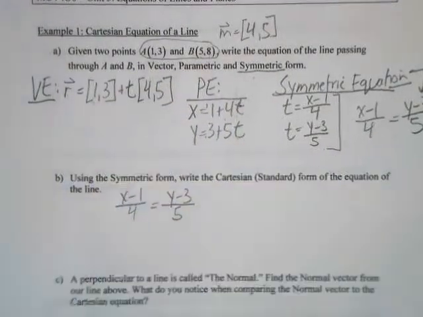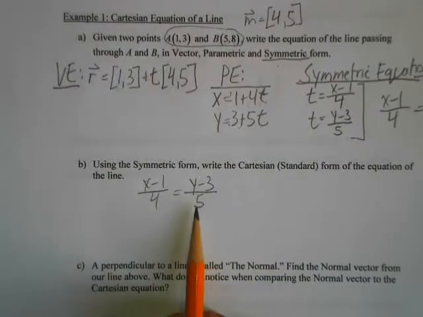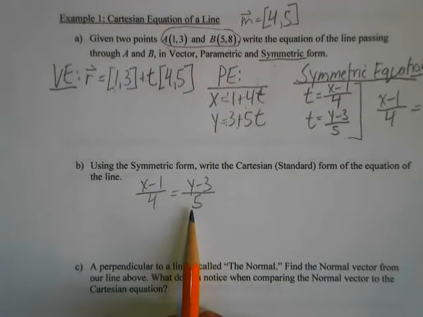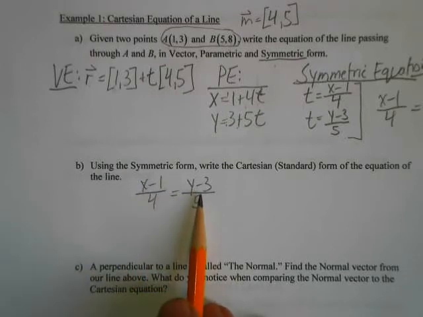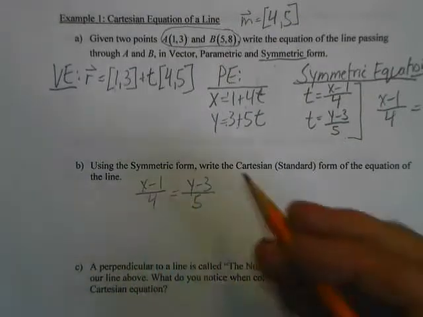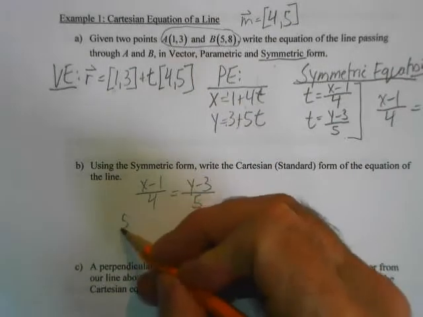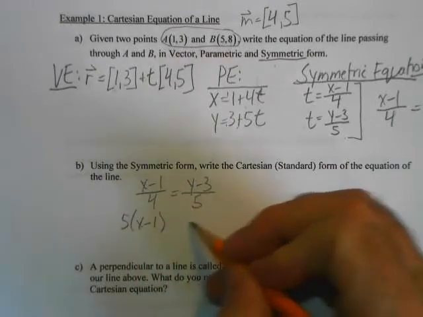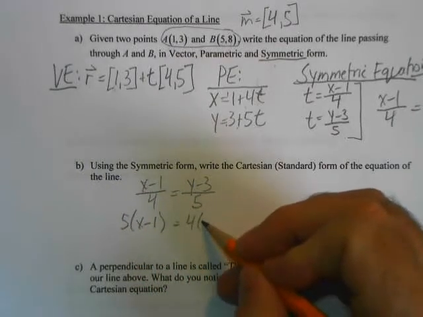And now I'm going to write this in the form ax plus by plus c equals 0. The first thing I'm going to do is multiply both sides by 20, or cross multiply. Either way, I get 5 times x minus 1 is equal to 4 times y minus 3.